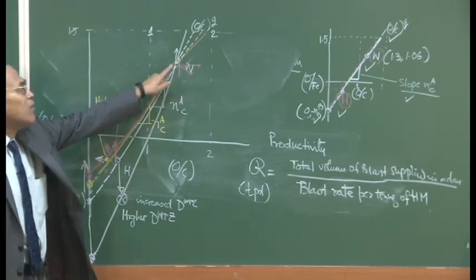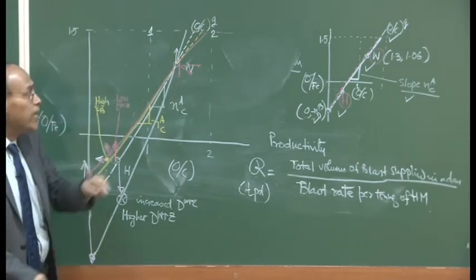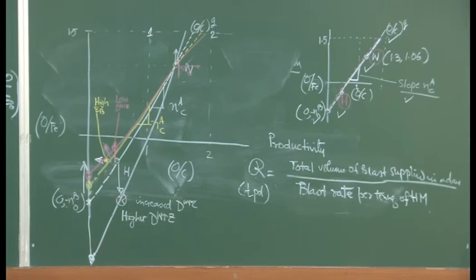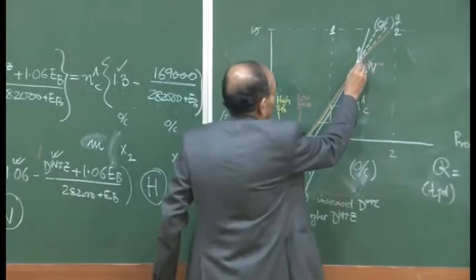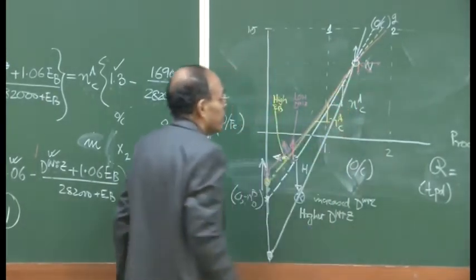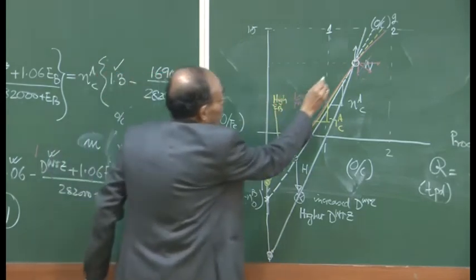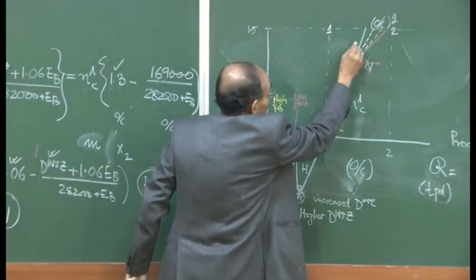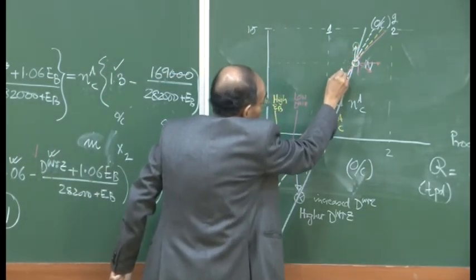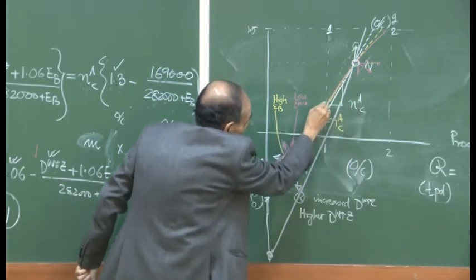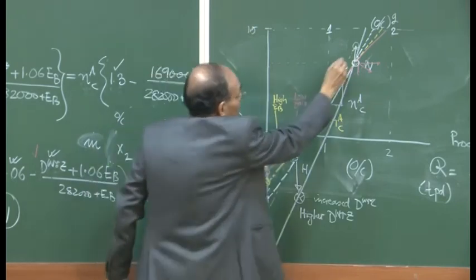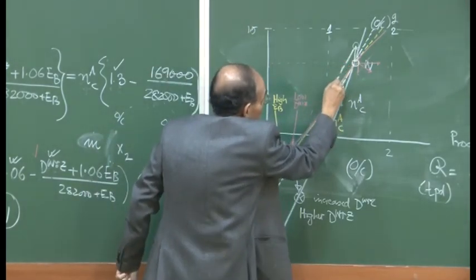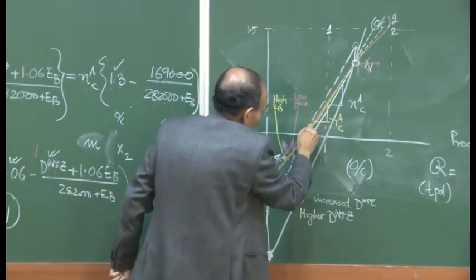So, the higher the value of 1.06, the steeper the line is going to be, and as a result the blast furnace is going to be less efficient. If the point moves here, you can see the line will become substantially more steep than the original line we have indicated here.